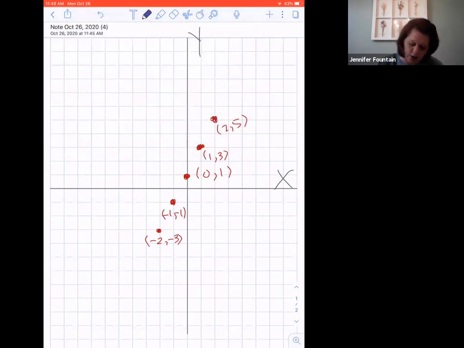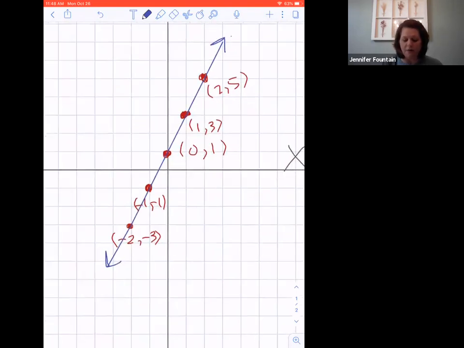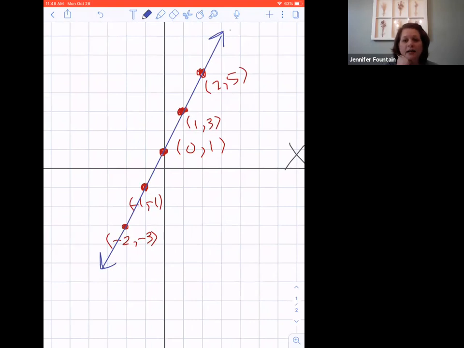Okay, so now I'm going to go from all my points, and I'm going to do the best I can to make it as straight as I can. Again, it doesn't have to be perfect. Now, one of the things I do want to do, though, is when I graph, I want to extend beyond my furthest point on either side, and I want to write an arrow on either end.